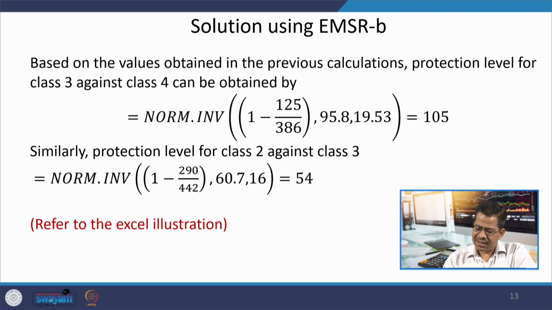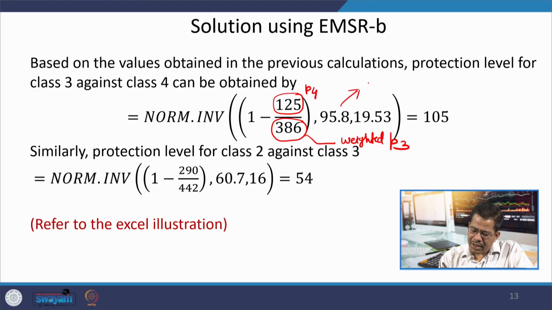Again, the same formula we have to apply. Now this is P 4, and this is the weighted fare, this is weighted P 3 in fact, and this is the aggregate mean demand, and this is the aggregate standard deviation.